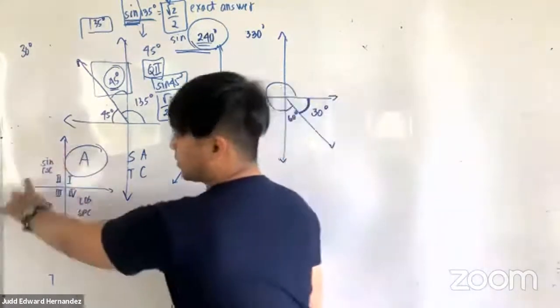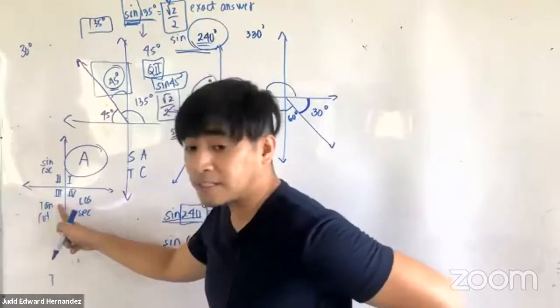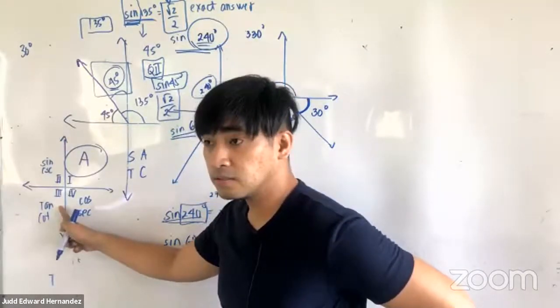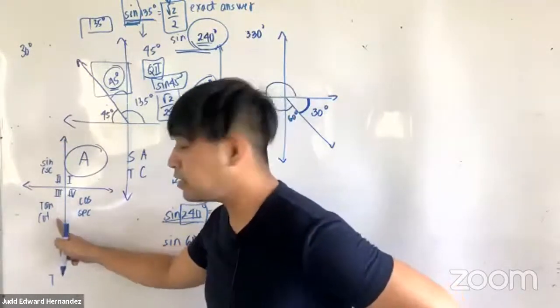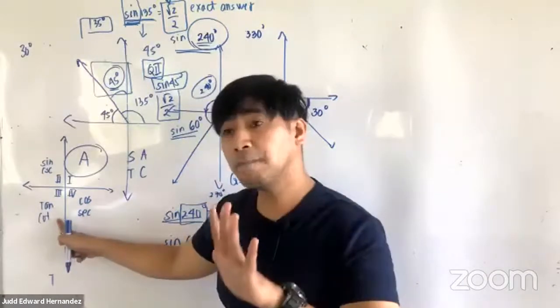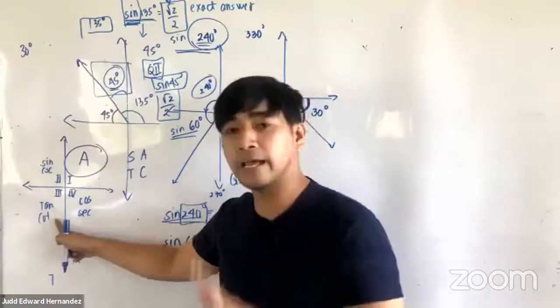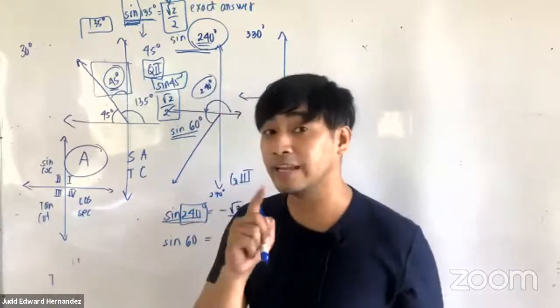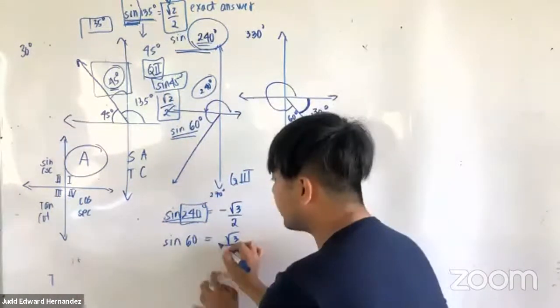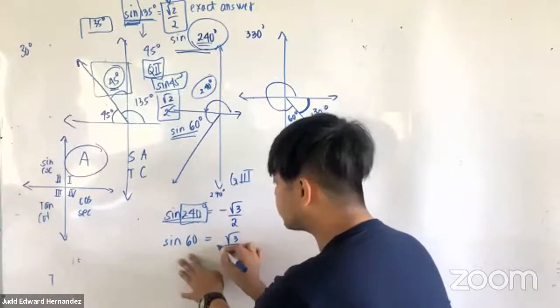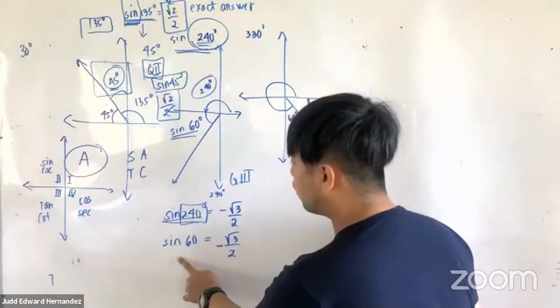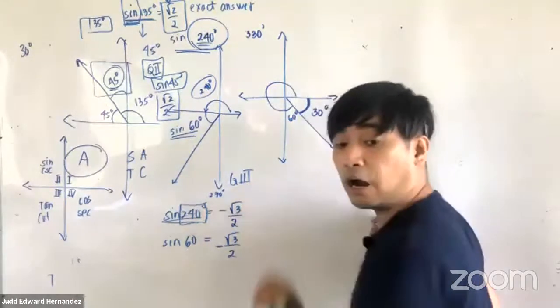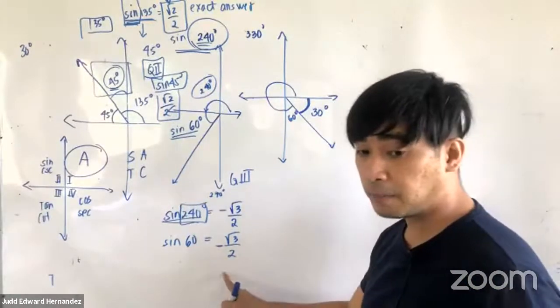Look at the table of signs. Sino lang po yung positive sa quadrant 3? Tangent and cotangent. Kung sa anim po na trigonometric functions natin, kapag hindi po siya kabilang dito, therefore, alam na natin agad na negative siya. At dapat ilalagay natin kapag sine 60, that should be negative. Kasi magfo-fall siya sa quadrant 3. Are we clear? Maliwanag po?